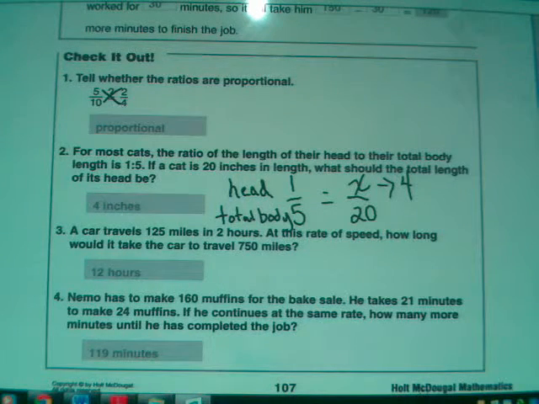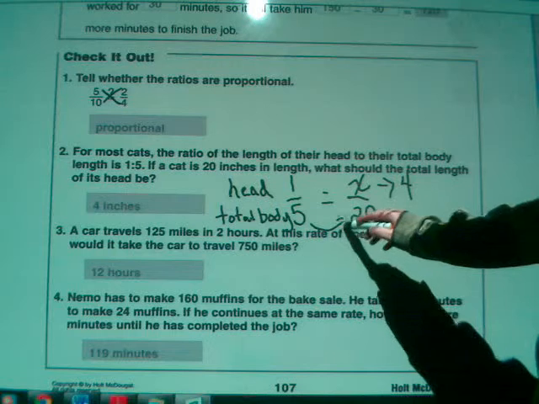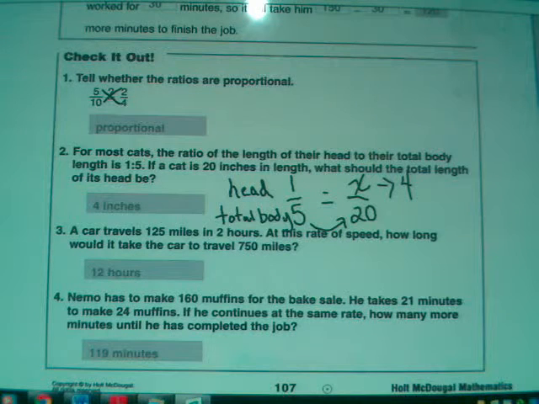I'll show you another way to approach these questions. It doesn't work all the time, but it'll work sometimes. Look at the bottom numbers here. It's 5 and 20. We know how to go from 5 to 20 in terms of multiplication: you're multiplying by 4. So I'm going to do the exact same thing on the top, and what a surprise, 1 times 4 gives me 4. You can do that comparison with multiplication or division as needed.